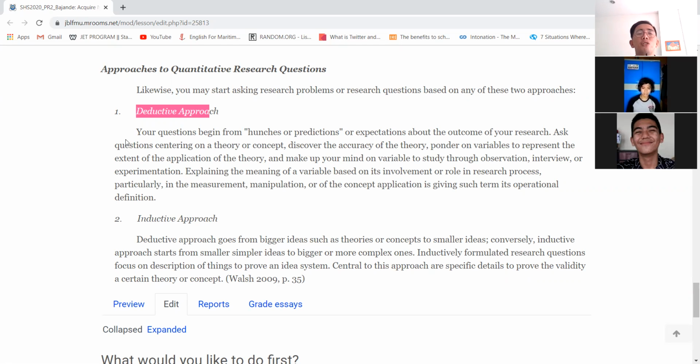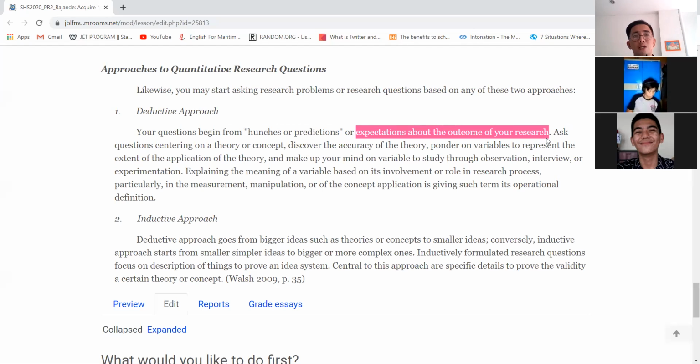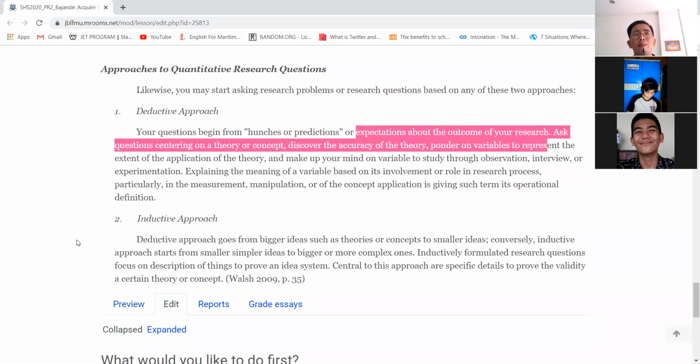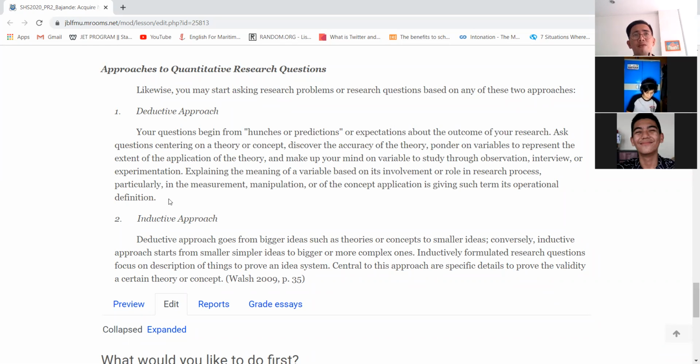Okay? Amo na ang deductive approach. Tandaan niyo lang, deductive, general to specific. Inductive is from specific to general. Okay? Your questions begin from hunches or predictions or expectations about the outcome of your research. Okay? So usually, ginagamit kinaton nga approach in quantitative research, ang deductive approach.